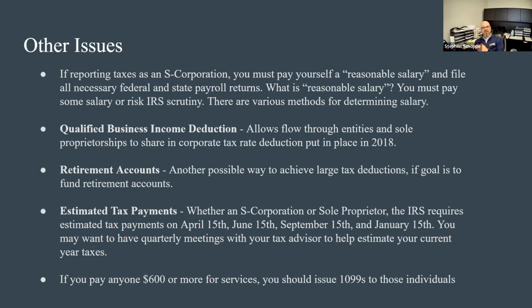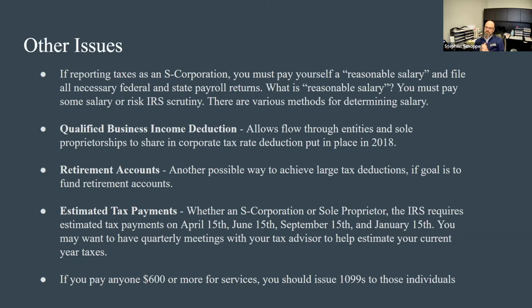Well, in order to make it fair to self-employed people and S corp people, they gave us this qualified business income deduction. And so it's basically a 20% deduction, and it's handled differently depending upon whether you are an S corp or a sole proprietorship.